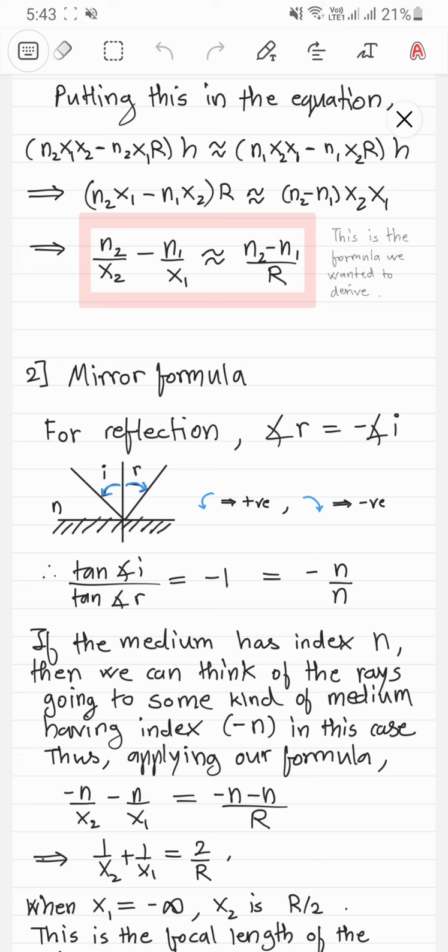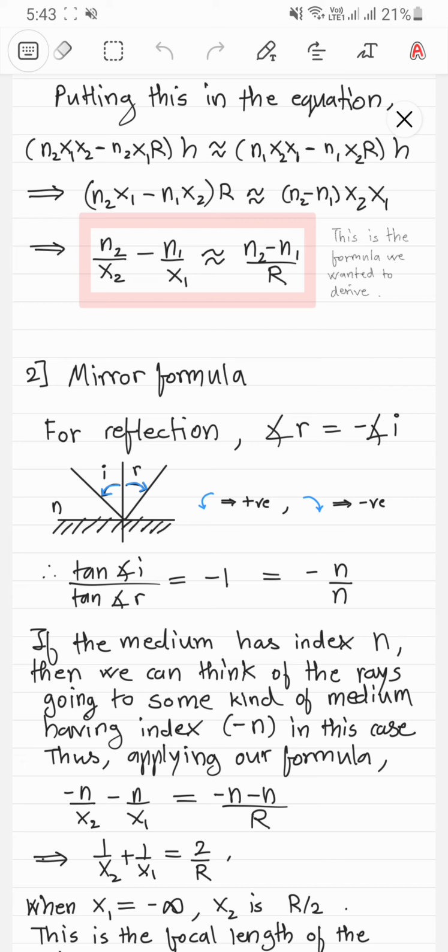All I did is think that this works if you know what n2 upon n1 is in terms of this ratio, tan angle I upon tan angle R. So what would happen if your tan angle I upon tan angle R somehow becomes -1? That's the condition for reflection. In that case, your n2 upon n1 should be -1.